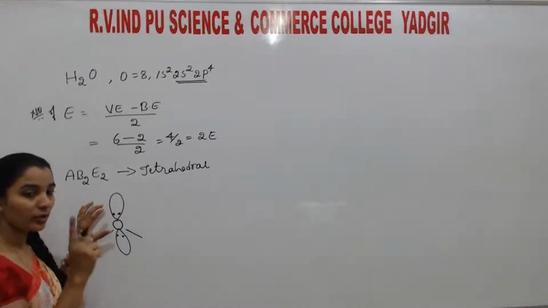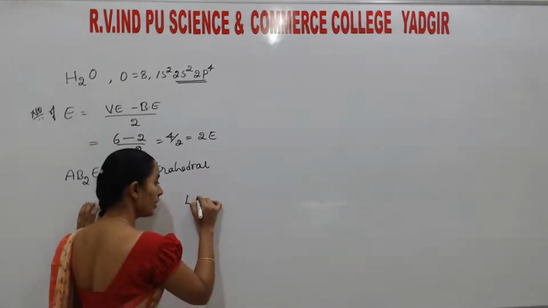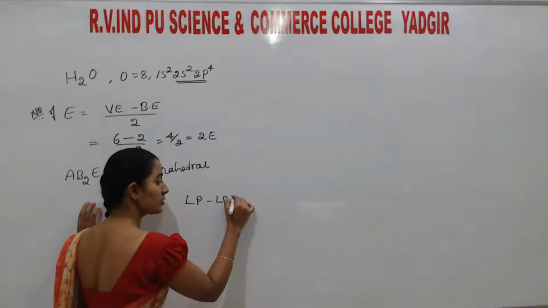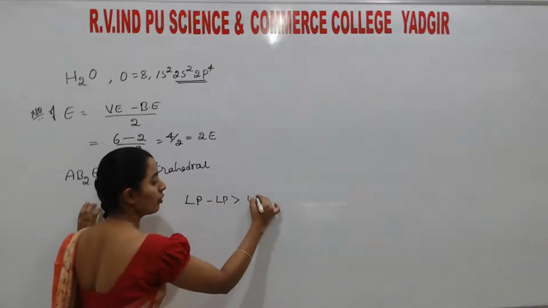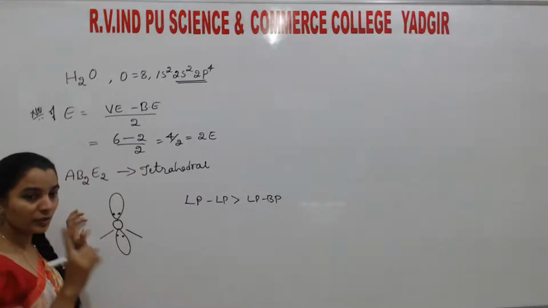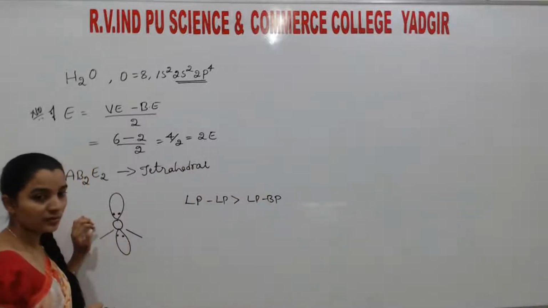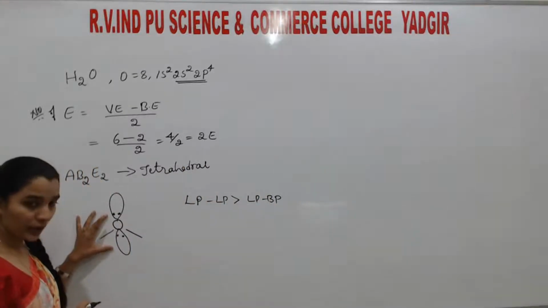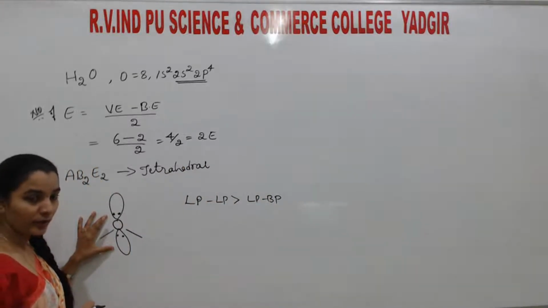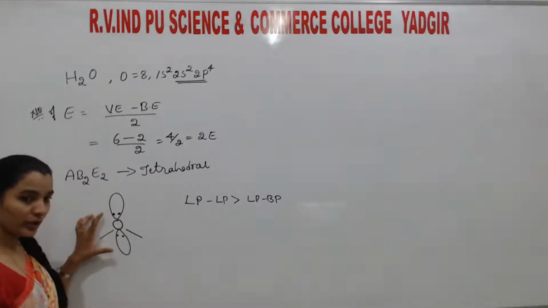Initially in NH3 only one lone pair is there, and as I told you, lone pair-lone pair repulsion is greater than lone pair-bond pair repulsion. So in NH3 the lone pair-bond pair repulsion is more. Here 2 lone pairs are there. Lone pair means electrons which are not involved in bonding. So two electron pairs are here, so the repulsion is more.